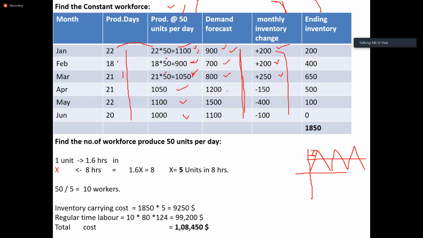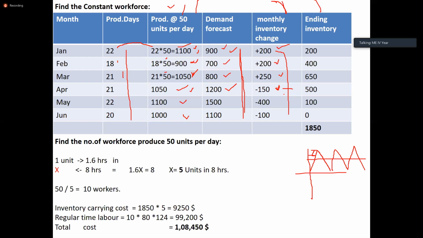Now the changes will start from here. My demand is 1200, but I am producing 1050. So that much is back order, minus 150, and you have to supply this to the customer from the inventory of previous months.